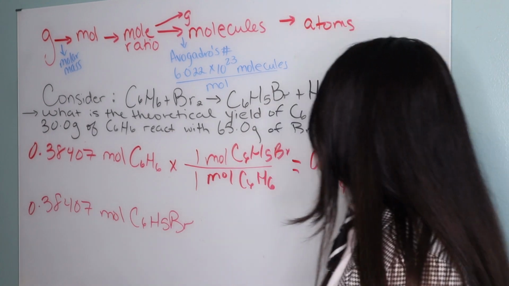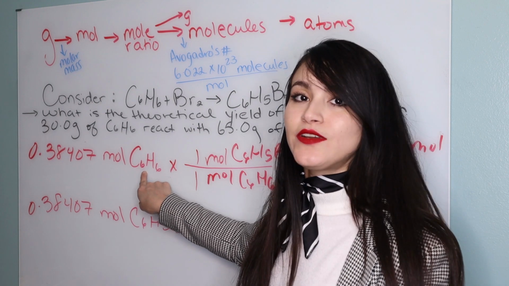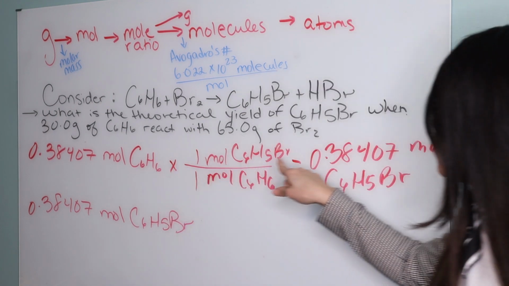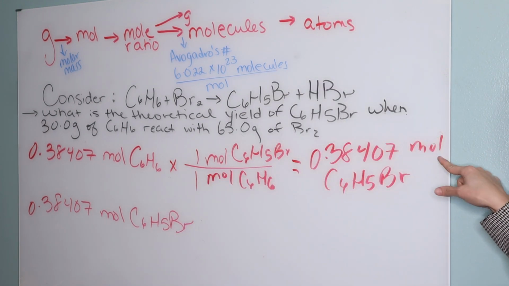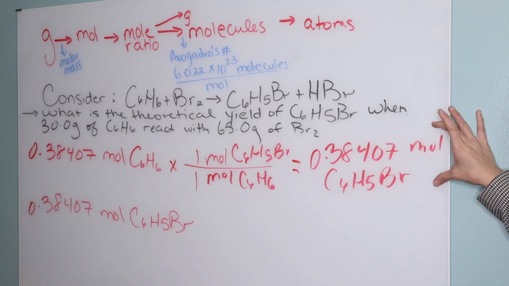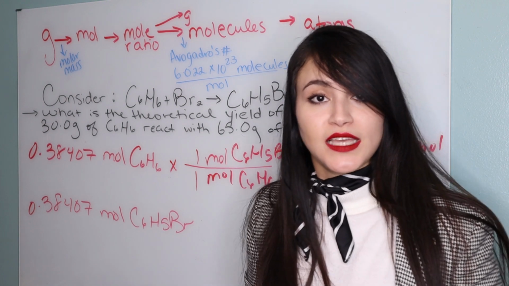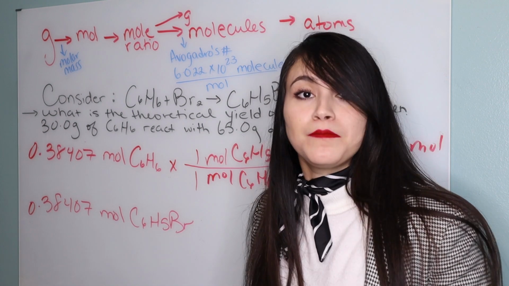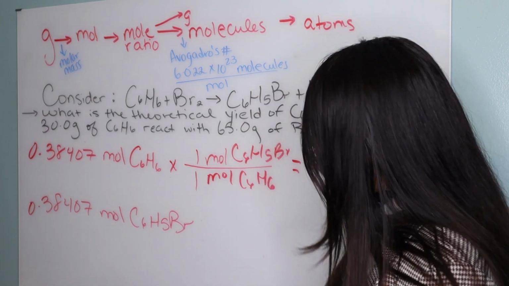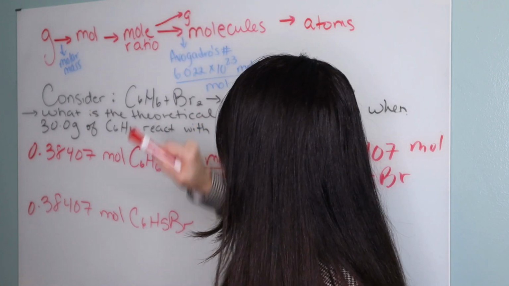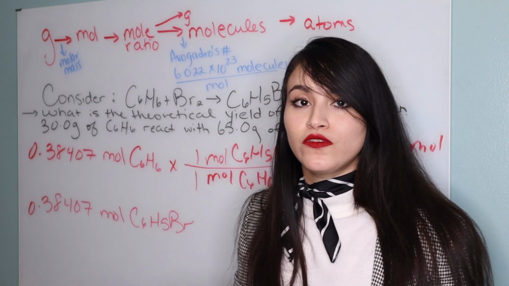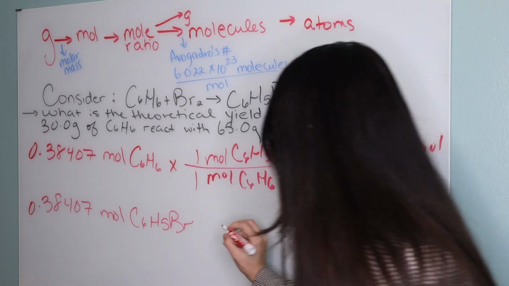So since we figured out that this reactant was going to be our limiting reactant and that this reactant would generate this amount of moles of product, then I can take these moles of product right here and figure out the grams of the product that will be produced. Therefore, my theoretical yield. So I'm going to go to grams and therefore use the molar mass of the product.